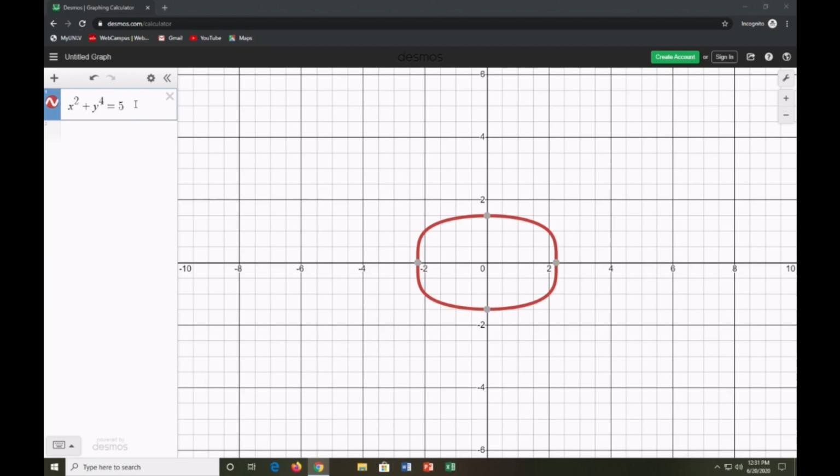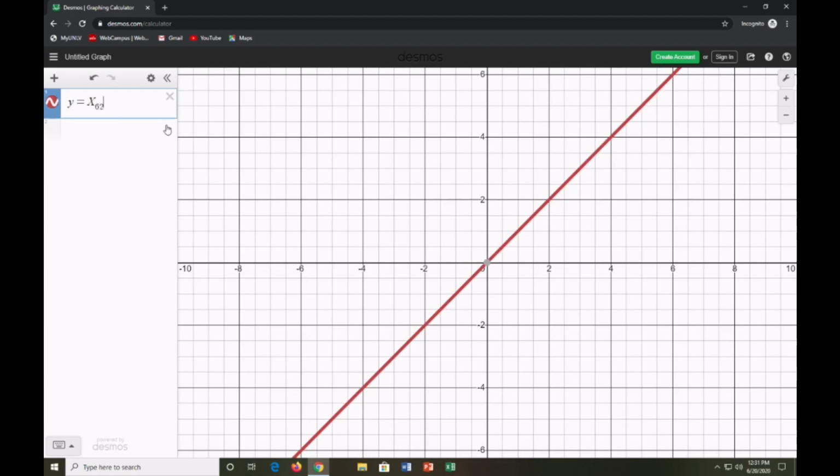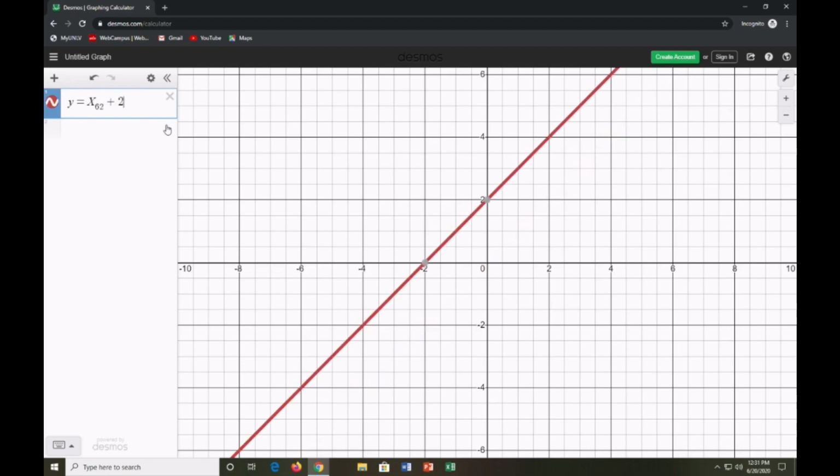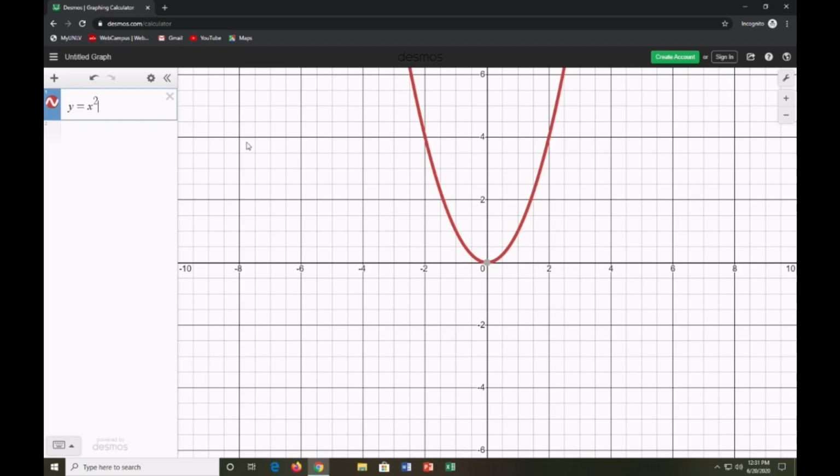So in that case, let's graph this one also. y equals x squared plus 2.